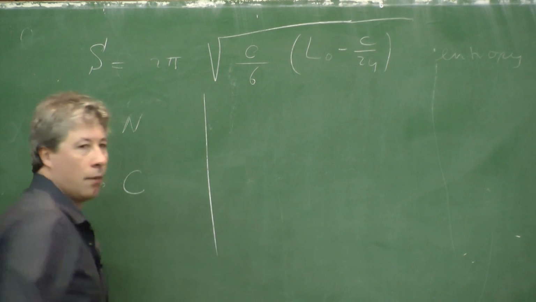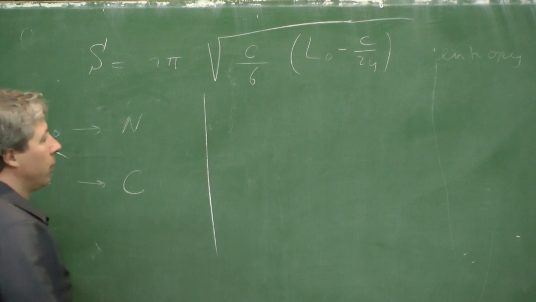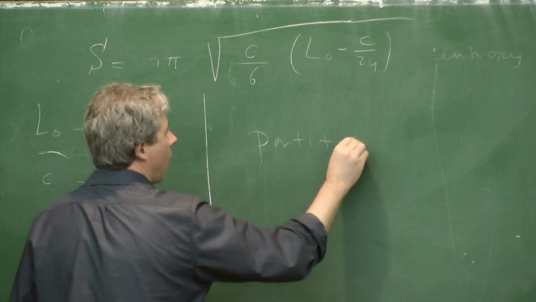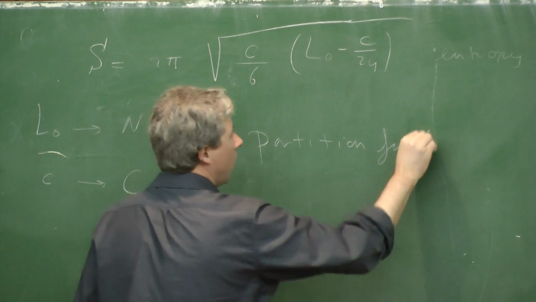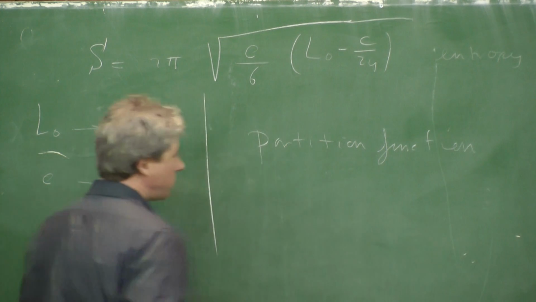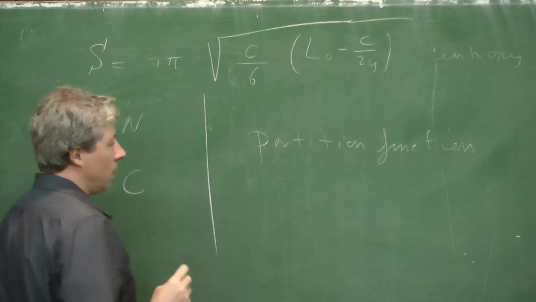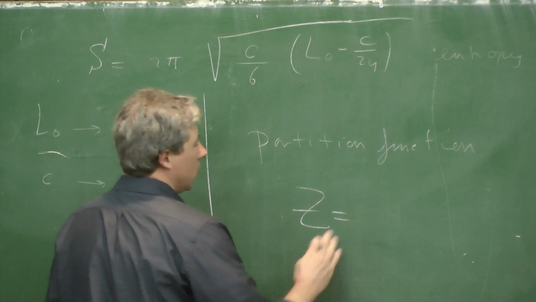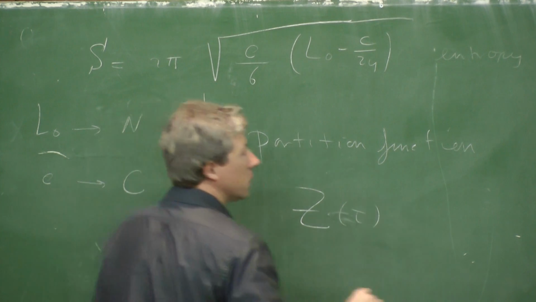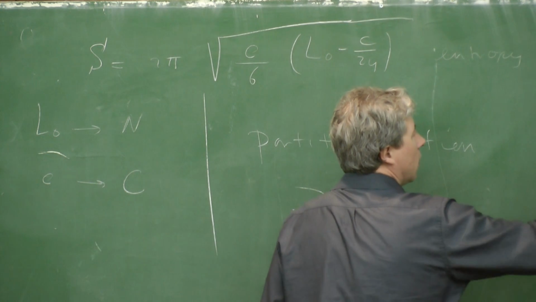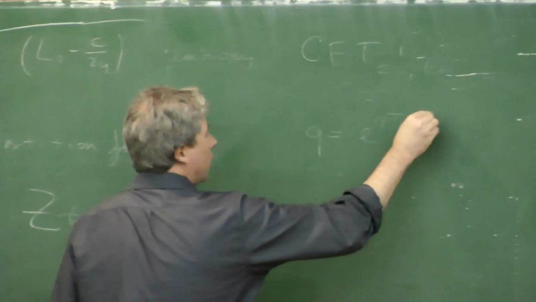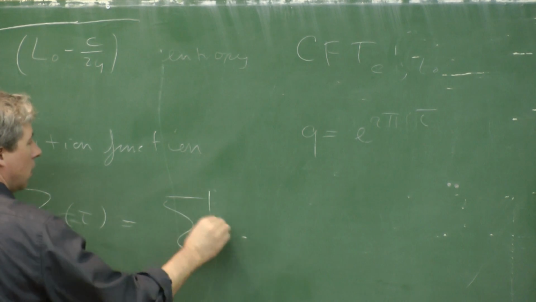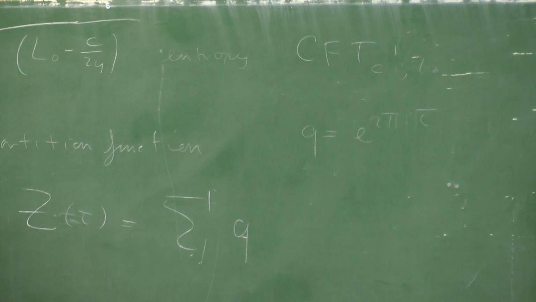A CFT has a partition function, and the partition function can be written as a function of a variable tau. Tau is also expressed in terms of another number called q, and then you just write down a series in q to the d.